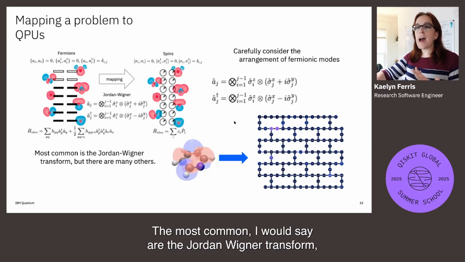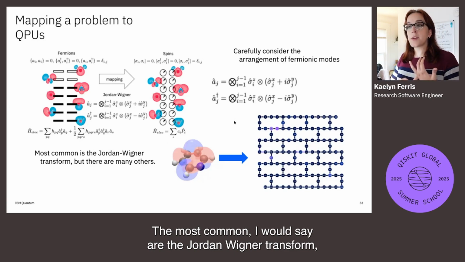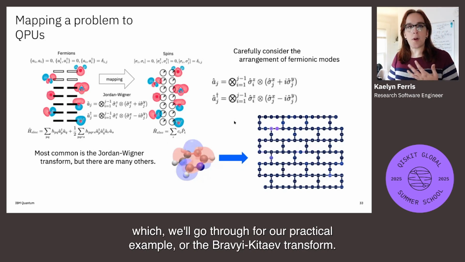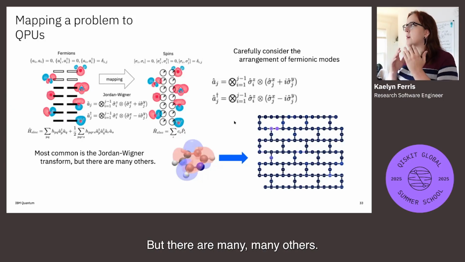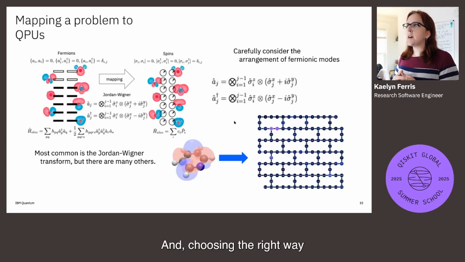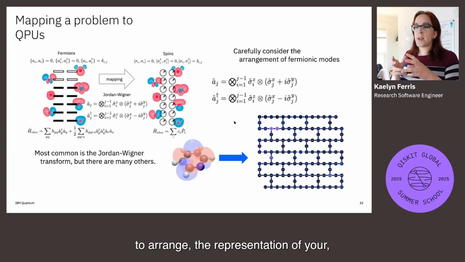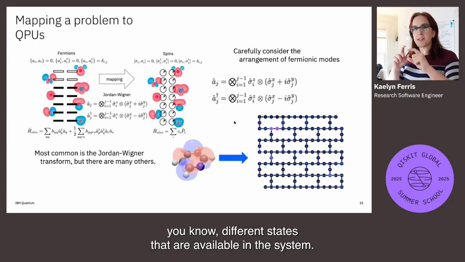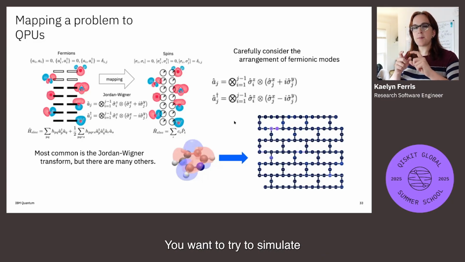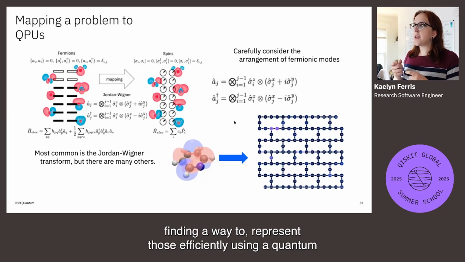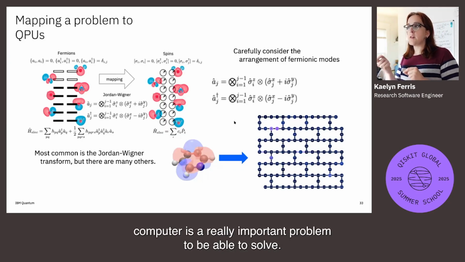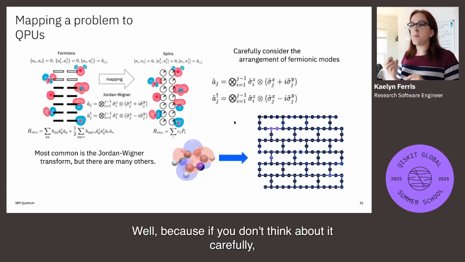The most common, I would say, are the Jordan-Wigner transform, which we'll go through for a practical example, or the Bravyi-Kitaev transform, but there are many, many others. And choosing the right way to arrange the representation of the different states that are available in the system you want to simulate, finding a way to represent those efficiently using a quantum computer, is a really important problem to solve well.